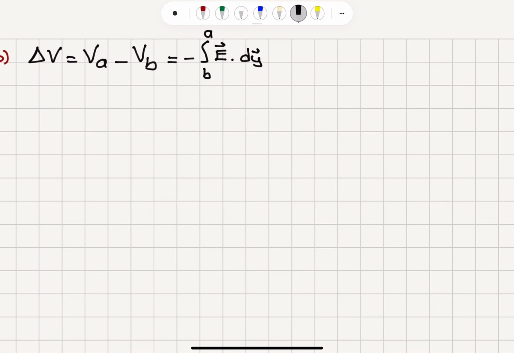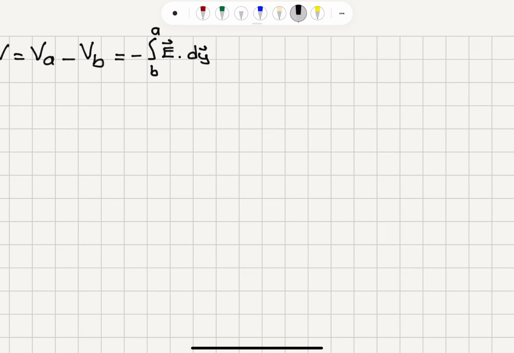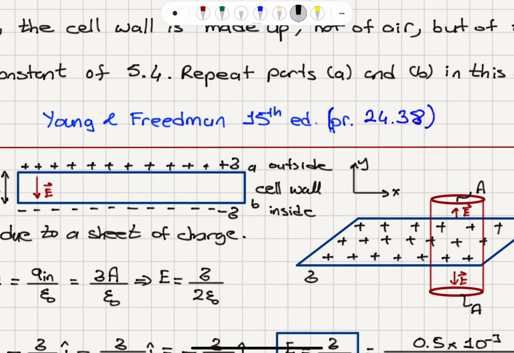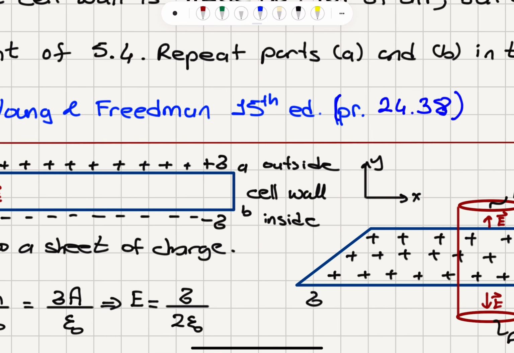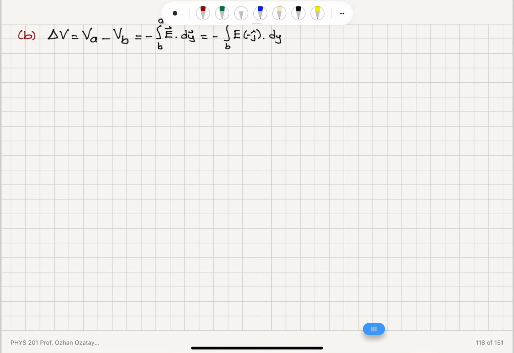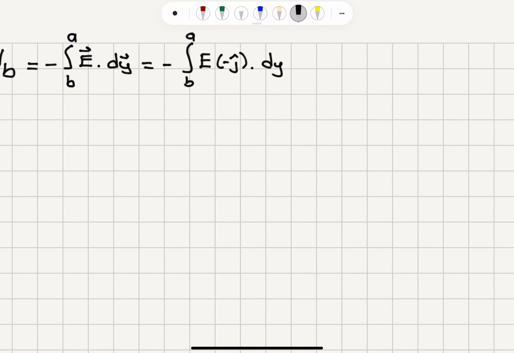So this is going to be minus the path integral B to A. The electric field has magnitude E pointing in the minus j hat direction. The displacement going from B to A, I'm moving in the positive y direction, so that's plus j hat. So this is dy in the j hat direction.